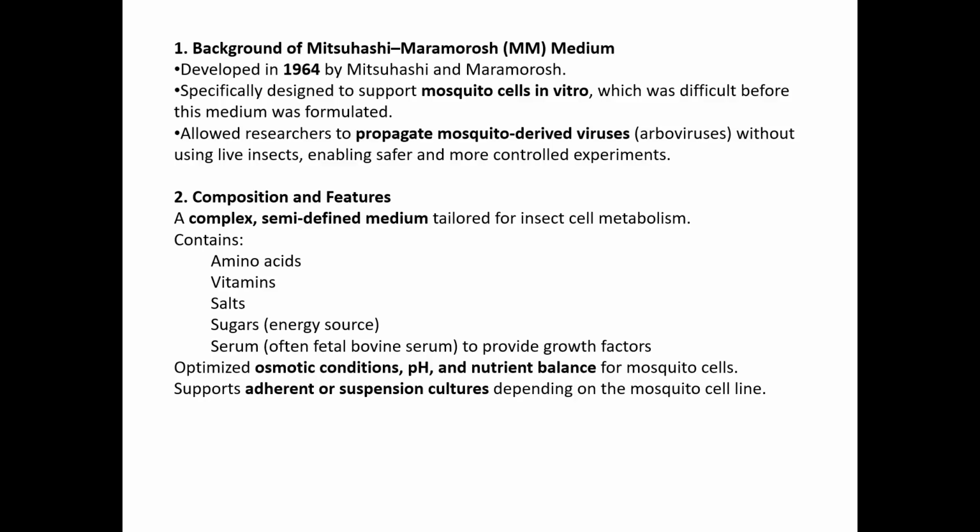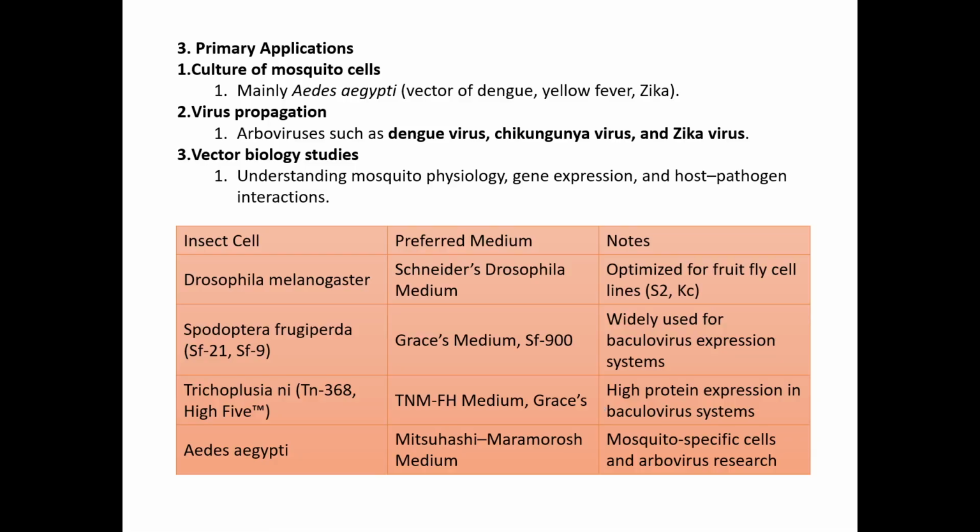The composition of this medium is a semi defined medium tailored for insect cell metabolism. So it contains amino acids, vitamins, salts, sugars, and serum, often fetal bovine serum to provide growth factors. Then it is optimized for osmotic conditions, pH, and nutrient balance for mosquito cells and supports adherent or suspension cultures depending on the mosquito cell line that is used.